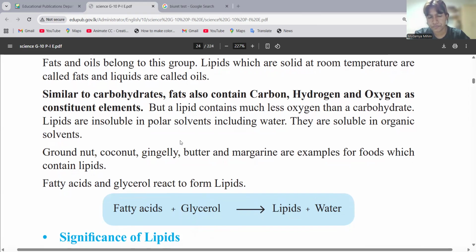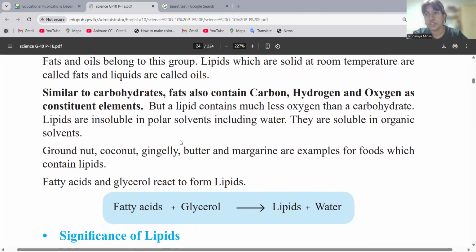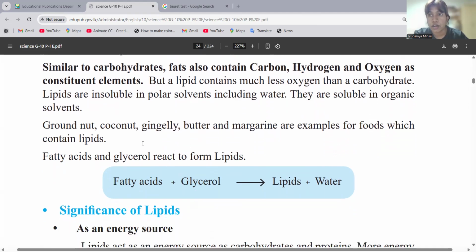And lipids are also insoluble in polar solvents, including water. That means it doesn't dissolve in polar solvents. As we go by, we'll understand what polar solvents are, and why water is a polar solvent. But just remember that lipids are insoluble in polar solvents, but they are soluble in organic solvents. Organic means they contain carbon.